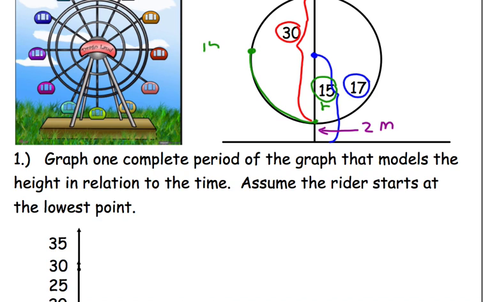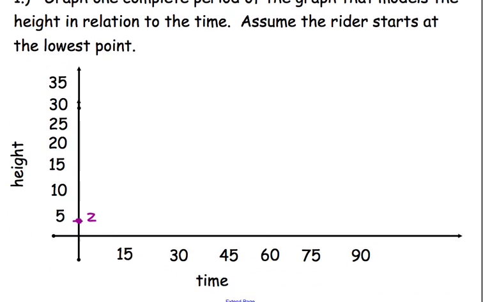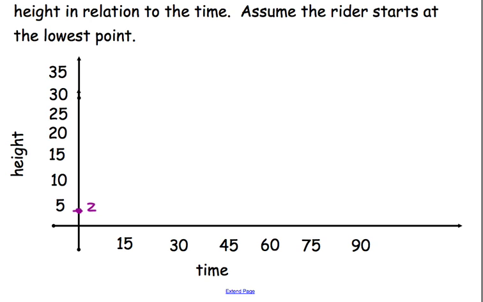A quarter of the way is 15 seconds. Where am I in respect to the distance from the ground? 17 feet. Yep, or 17 meters. Yep, 17 meters. Let's go ahead and graph that ordered pair next. So after 15 seconds, I'm 17 meters off the ground.